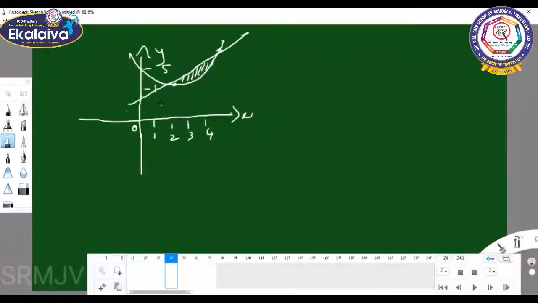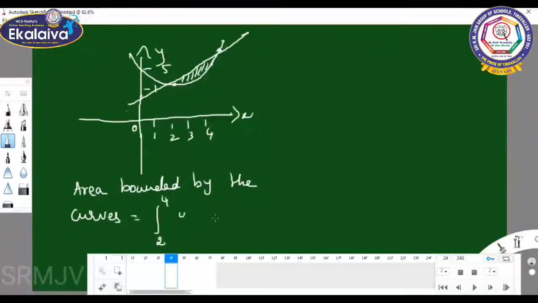Area bounded by the curves equal to, the limit is 2 to 4. I told you very clearly, whenever line and curve comes, you write line minus curve.